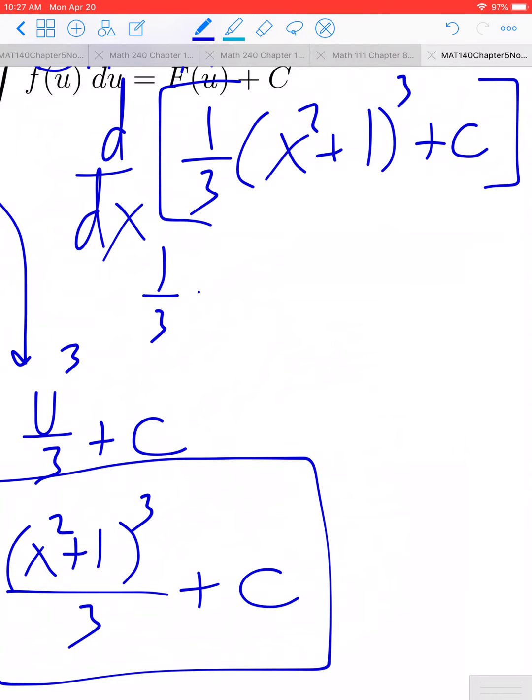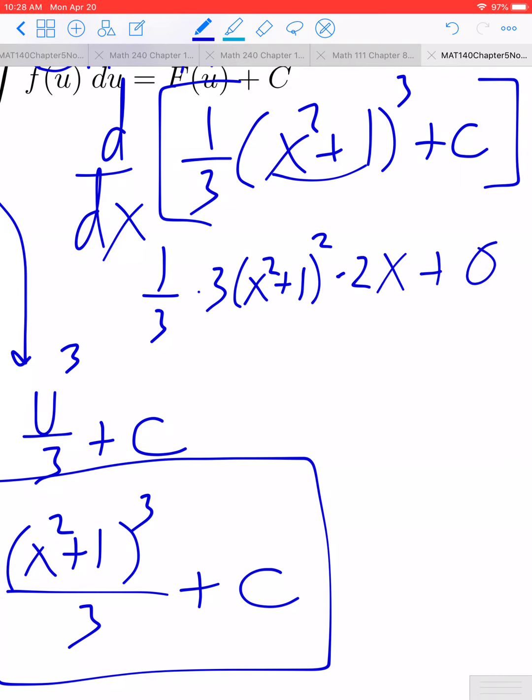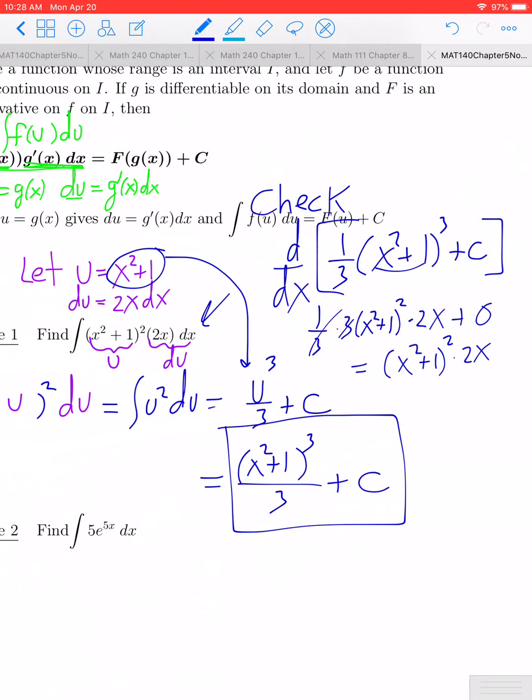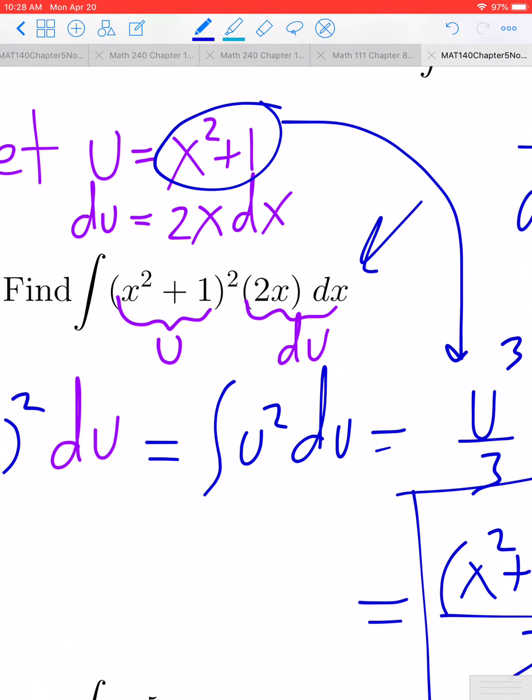To do the derivative, you'd have to use the chain rule: bring the power down, x squared plus 1, reduce the power by 1. From the chain rule, we need the derivative of the inside, which would be 2x. Derivative of a constant is 0. The 1/3s cancel, and sure enough, what we end up with is x squared plus 1 squared times 2x, which is what was in our original integrand. So we did find the correct antiderivative.